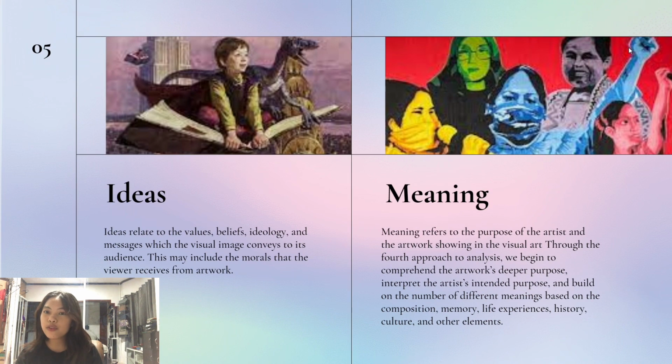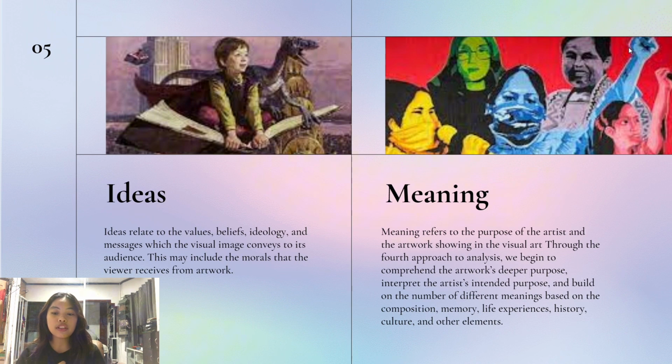We have the third and fourth perspectives, which are ideas and meaning. But first, the ideas, which is the message. Ideas relate to the values, beliefs, ideology, and messages which the visual image conveys to its audience. So ask yourself, what is the picture trying to say?